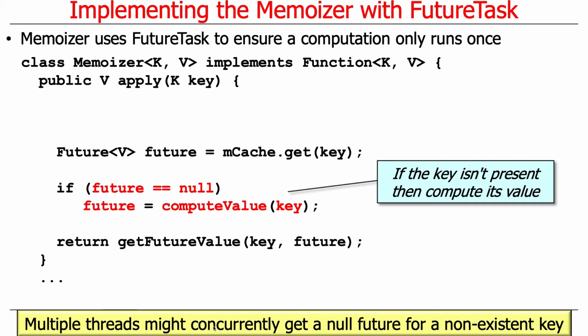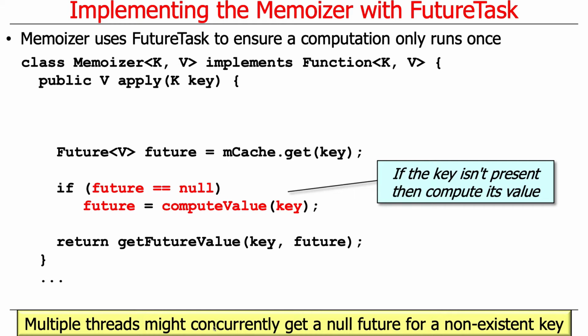If you try to get a value that is not yet associated with a key, you'll get back a null. So that's how you know it's not there. So if the future is null, then we're going to go ahead and compute the value that's associated with that key. And we'll see how that works in a second.